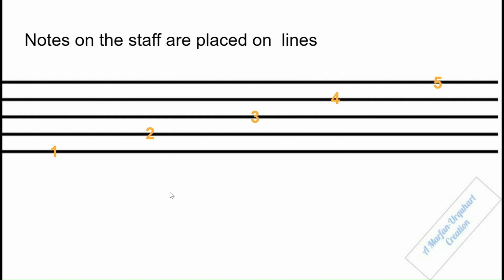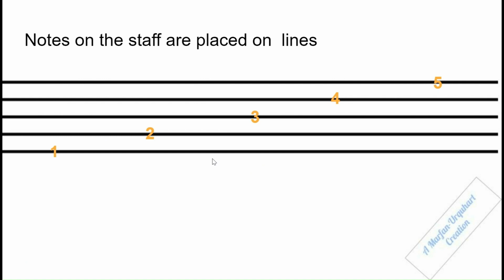So that brings me to speaking about the stave. If you look at the stave, I like to say it is a ladder. In this case, a 5-rung ladder. If you put a note on the first line of your staff, it will sound lower than a note on your 5th line. The pitch goes up from line 1, higher to 2, 3, 4, 5.